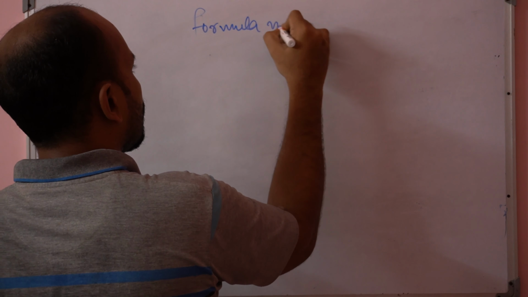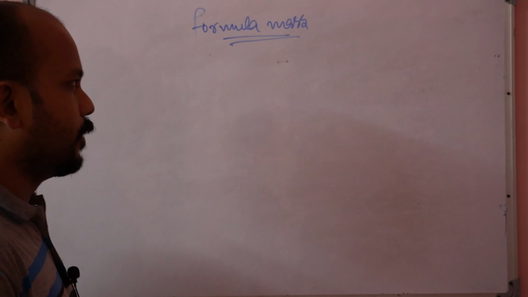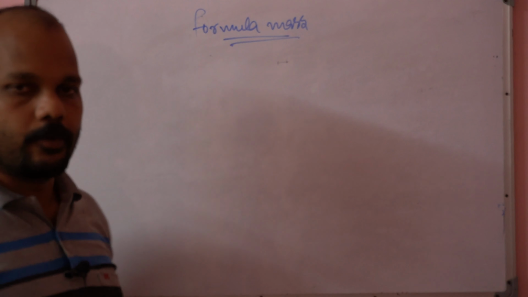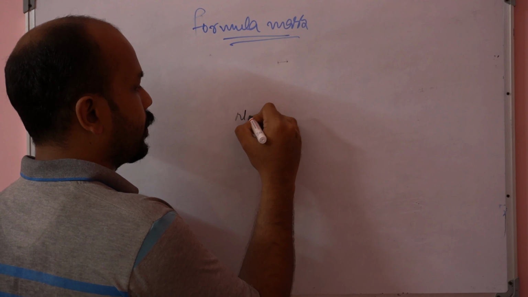Now there is one more specific term called formula mass. Before going into this term, I will tell you in which situation we use it. For example, sodium chloride. We all know that it is composed of Na plus and Cl minus ions.